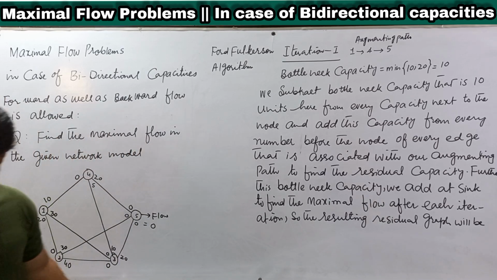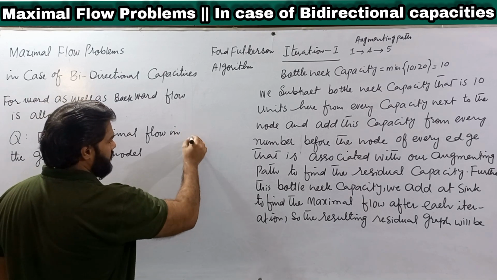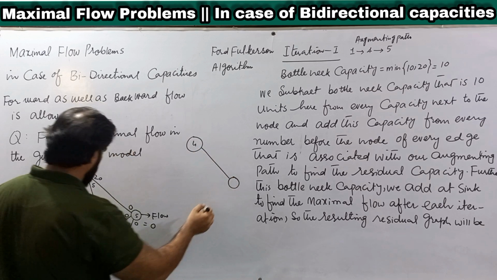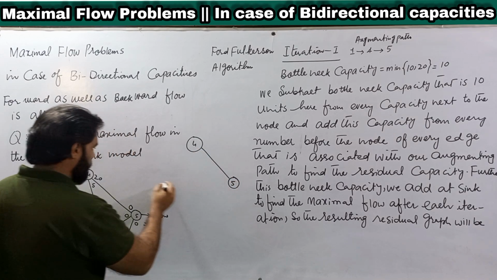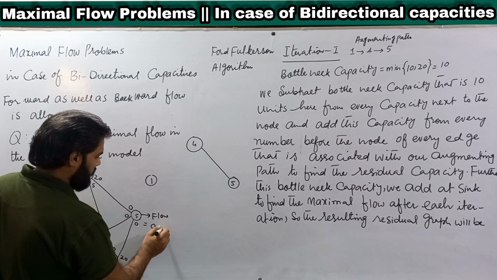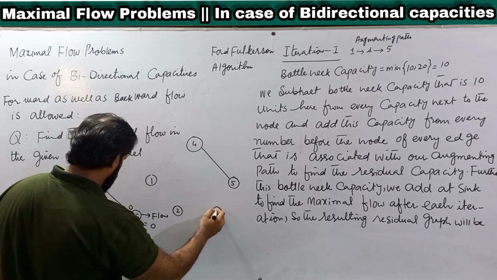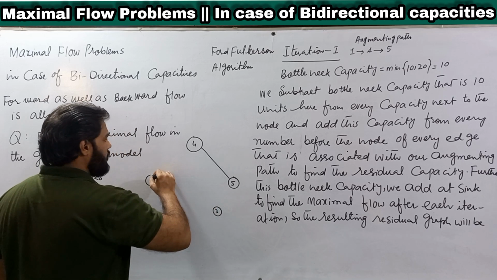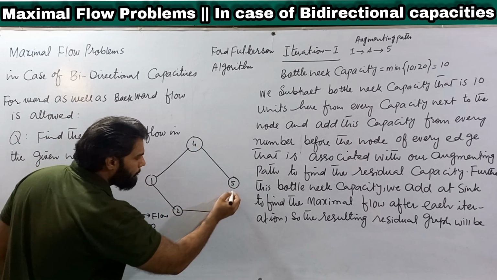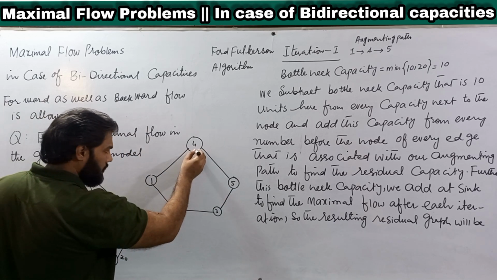so we make this figure again after the first iteration. This is node 4, node 5, node 1, this is node 2, node 3. We join these nodes. Next 4, 3.